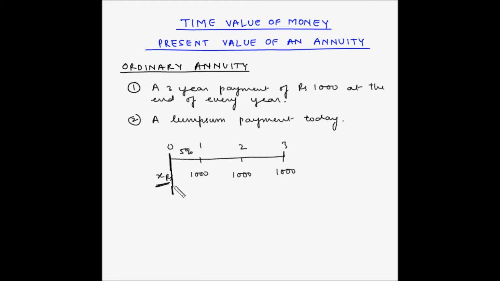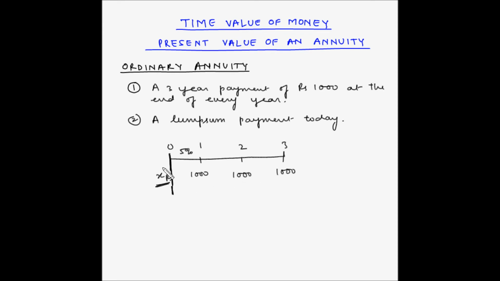In slightly different words, it is the amount today that would permit withdrawals of an equal amount at the end in case of ordinary annuity, or beginning in case of annuity due of each period for n periods.